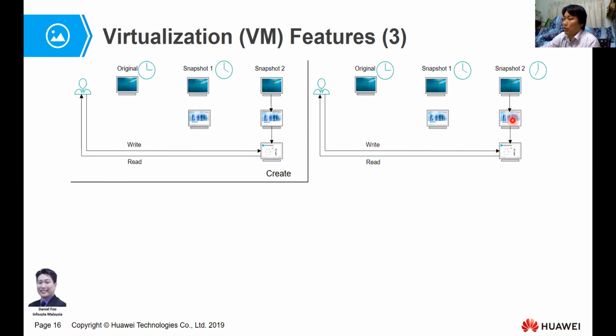So now your virtual machine is running with a two-snapshot concept, with two different points in time. Let me write it down for easy understanding. Maybe I trigger snapshot 1 at 8 p.m., and snapshot 2 at 9 p.m., for example.